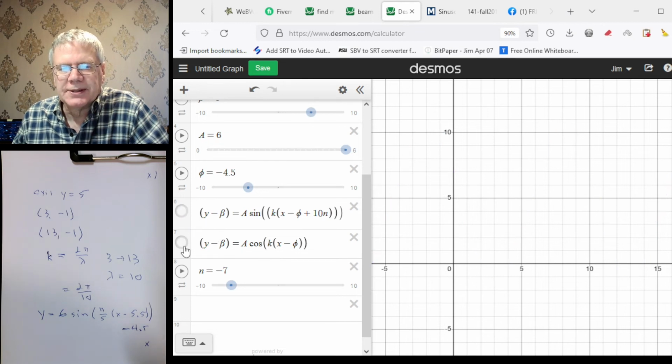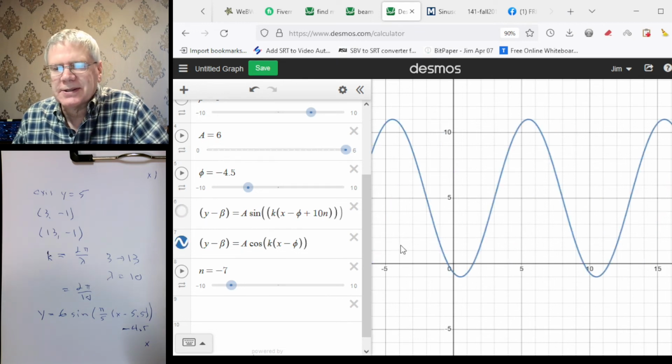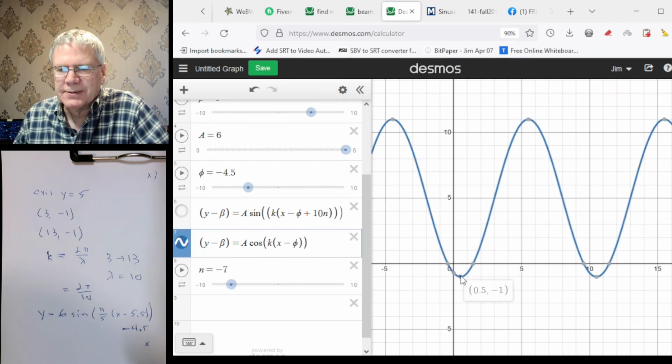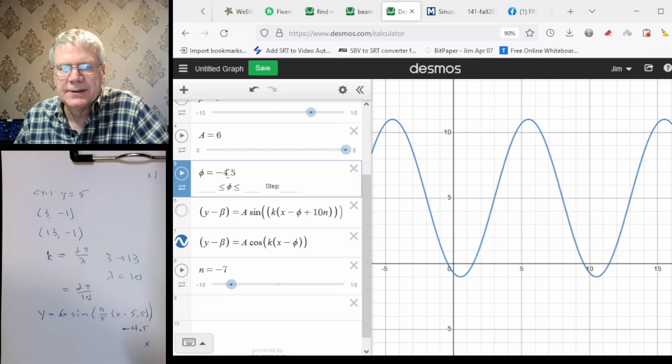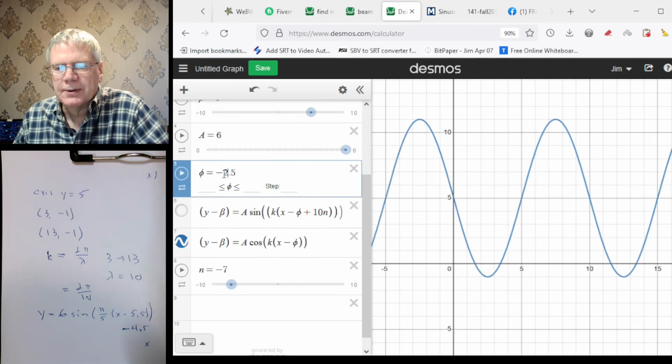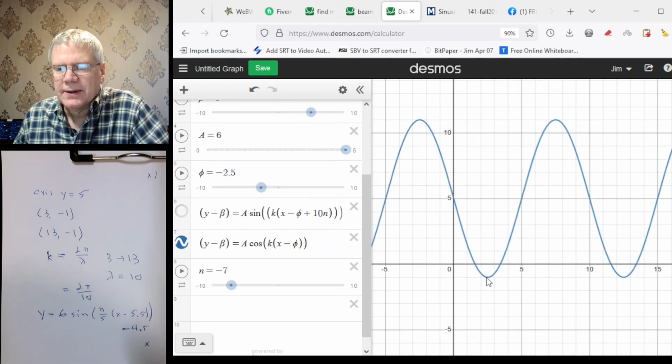The other thing is that a cosine looks a lot like a sine, doesn't it? And so the only difference is I have to shift this by a different amount. So instead of 0.5 now, let's see, I want this to go to 3. So I better subtract 2.5.